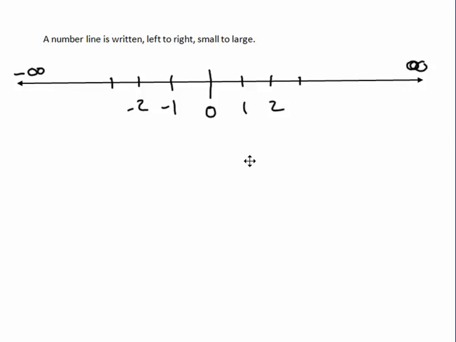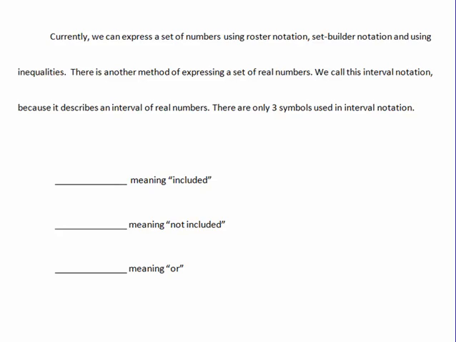I get that. But we do want to be able to describe all the numbers between negative infinity and infinity. And that's a lot of numbers. So we want to make things a little bit easier on ourselves, especially as mathematicians. Again, we're really, really lazy people. So then it says currently we can express a set of numbers using roster notation, right?